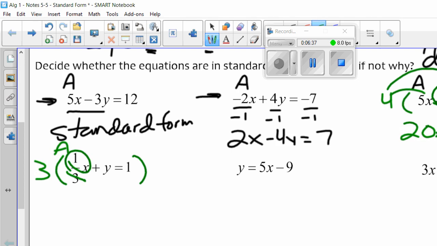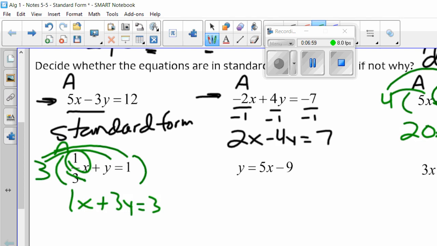I'm left with 1x. Multiply it through. So 3 times y is 3y. Multiply it again to the 1, and 1 times 3 is 3. Once again, x and y are still on the same side. A is still positive, but now A is a whole number.